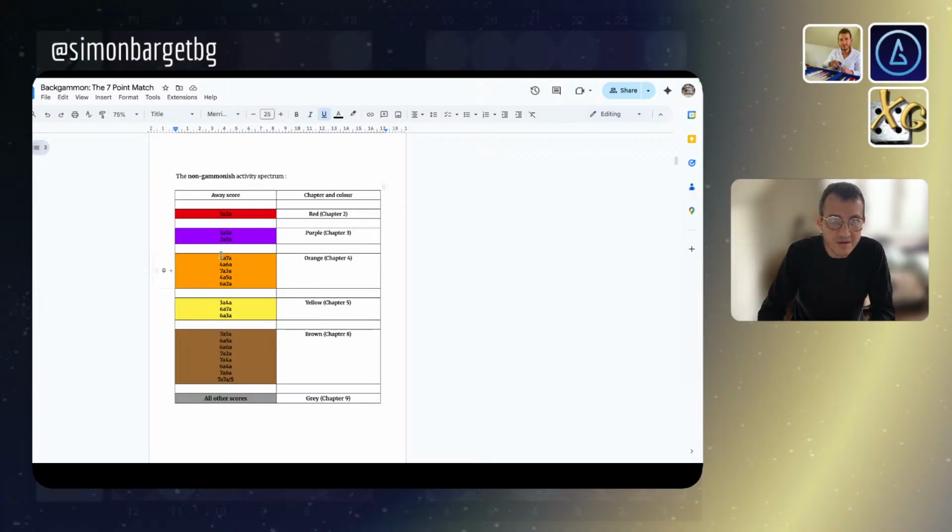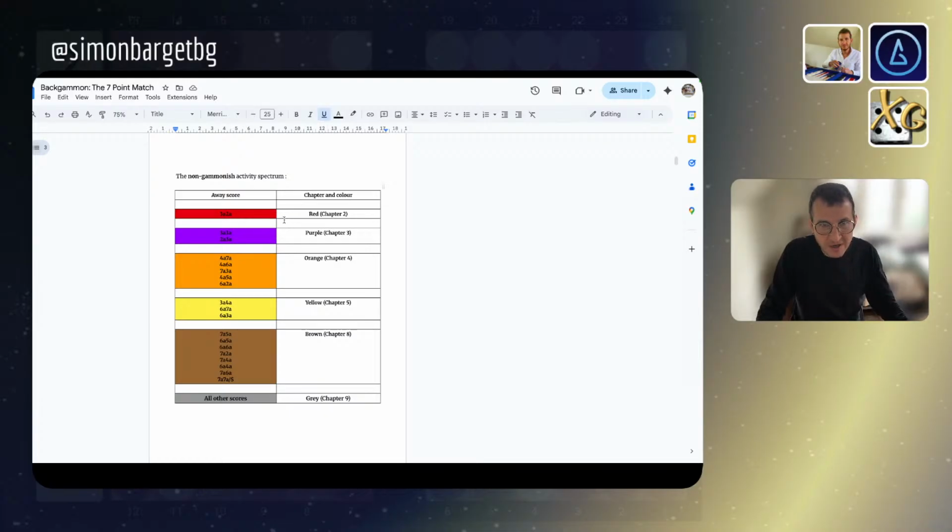We can then quickly understand, after reading the book, what color level the score goes into. So if we look at the top here, in red it says 3A, 2A. That means 3 away, 2 away. And that means that the most active score in non-Gammonish positions is 3 away, 2 away.